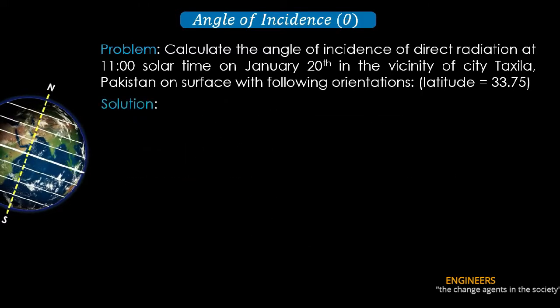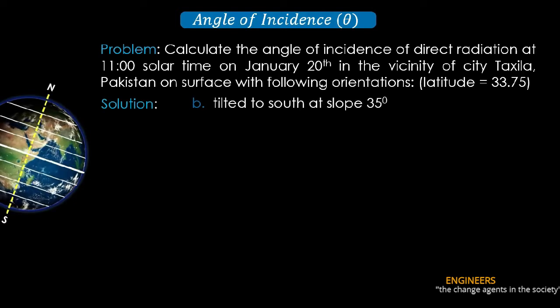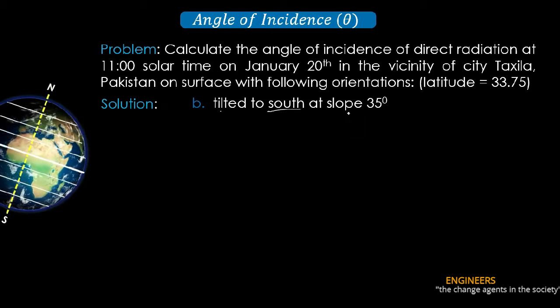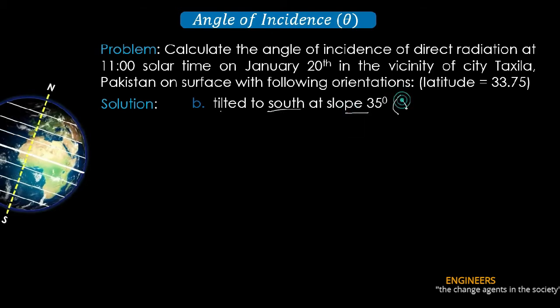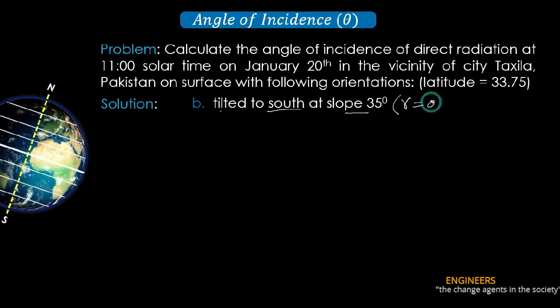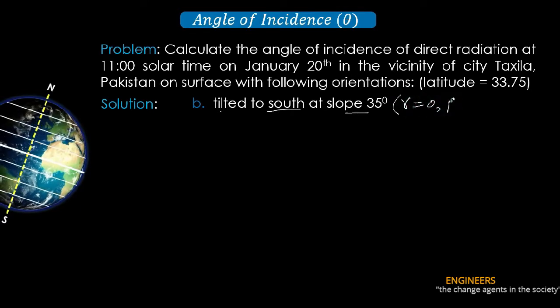Now to solve part B of the problem, where the plate is placed in southward direction and the slope of the plate is 35 degrees. So we have the value of gamma, that is 0, and the value of beta is 35 degrees.